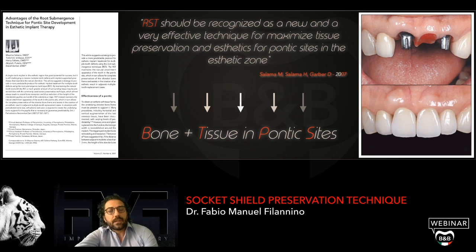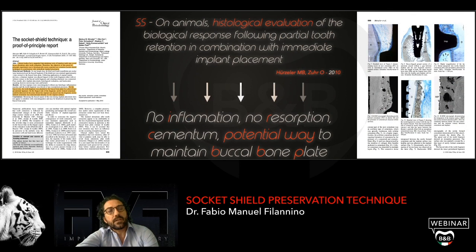This was the first time they standardized the technique, and they suggested protocols for how to cut the root, at the crestal level with the concavity and at least 2 millimeters under the pontic element. They also suggested inserting a connective tissue graft to protect the area of the root submergence therapy.